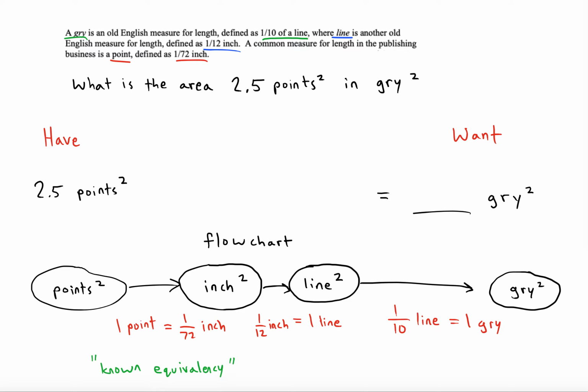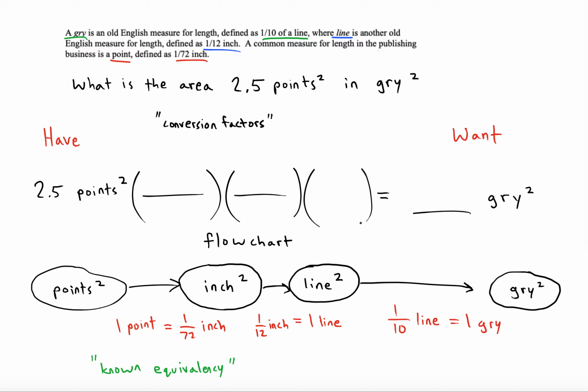Now, how do we set it all up? Well, you want to use what are called conversion factors. Conversion factors are simply parentheses where you have a fraction. And it looks like it's going to require 3 conversion factors to do this problem.